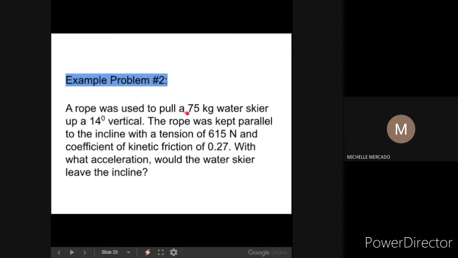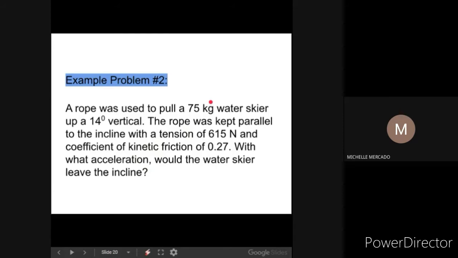A rope was used to pull a 75 kilogram water skier up a 14-degree vertical. The rope was kept parallel to the incline with a tension of 615 Newton and coefficient of kinetic friction of 0.27. With what acceleration would the water skier leave the incline? Okay, so again, ano po yung given natin dito?